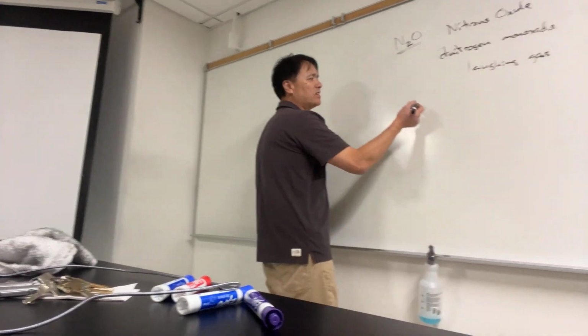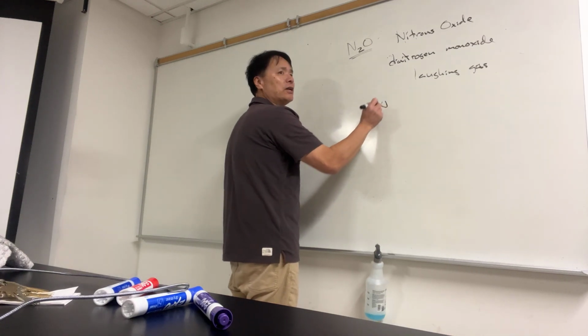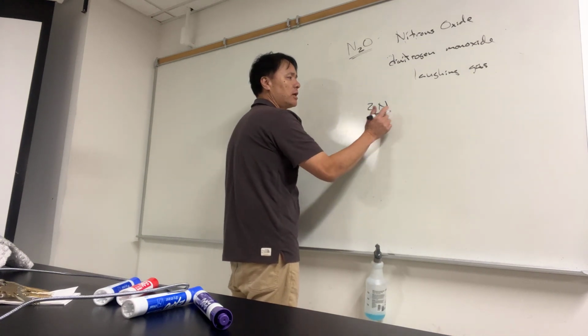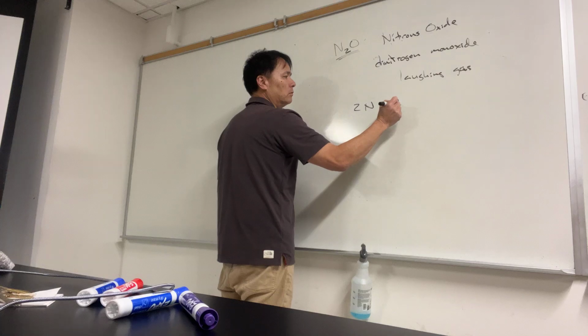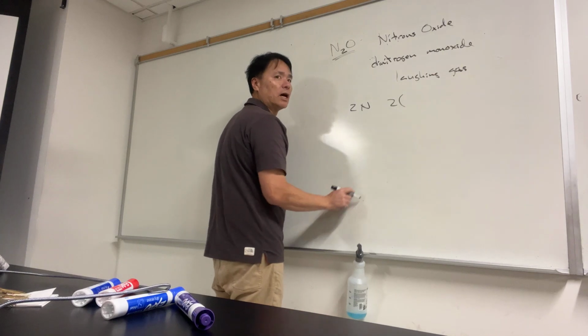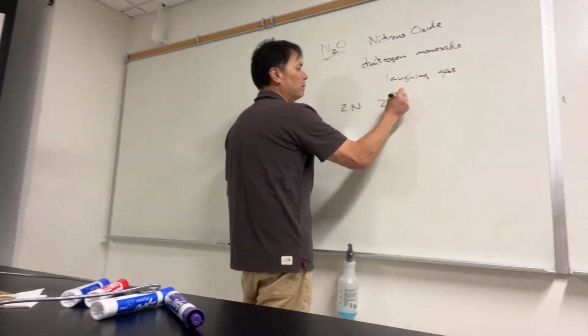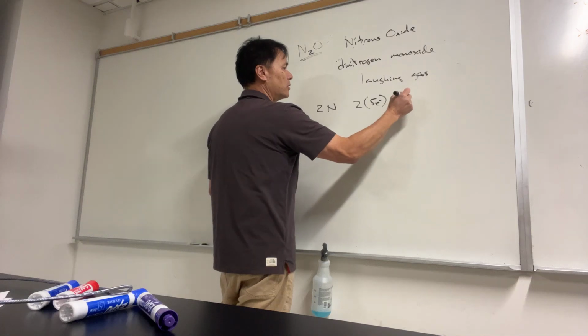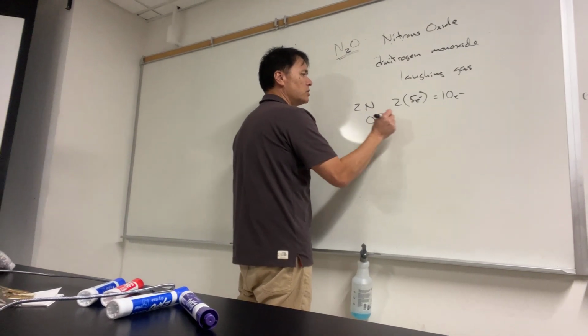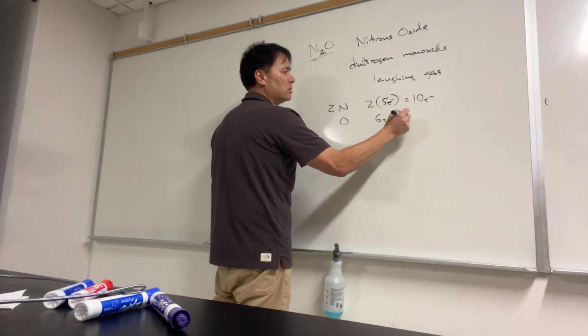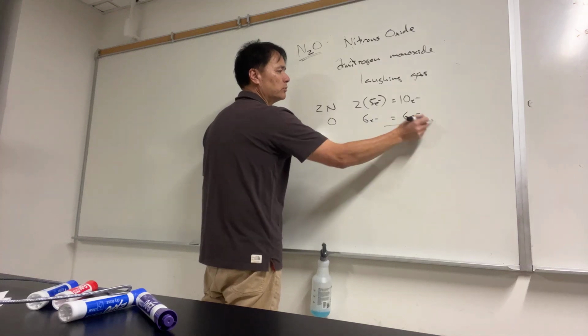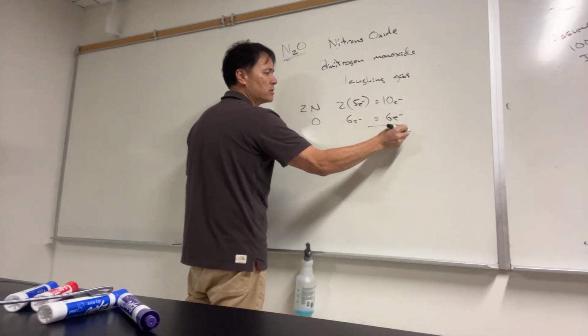The first thing we could do is sum up the electrons. We have 2 nitrogens. How many valence electrons does nitrogen have? 2 times 5. So that's going to give us 10 electrons. And then 1 oxygen, which is 6 valence electrons, and no charge. So we don't have to adjust for charge. So it's going to be a total of 16 electrons.